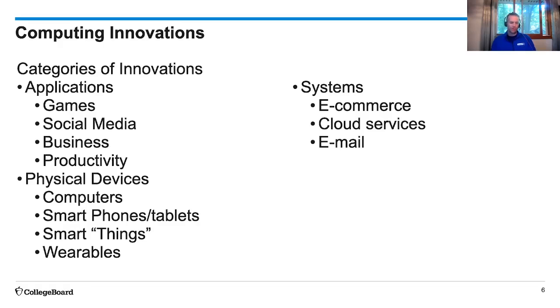Smart things, right? Now that's weird. What is a smart thing? Well, a smart thing is maybe something that you're not always touching or interacting with physically, but it is communicating with your computer or your tablet or your phone. So maybe like your smart watch, something that communicates.